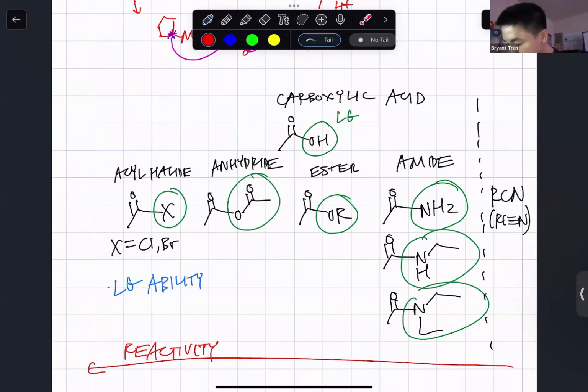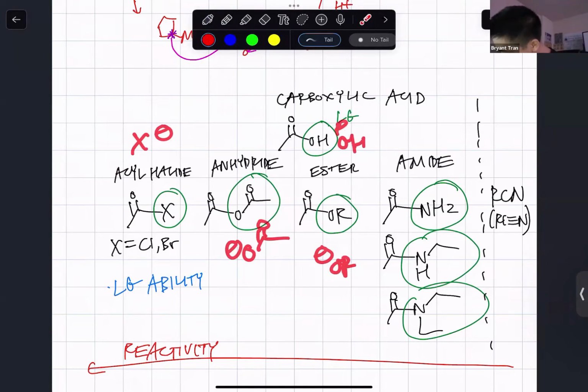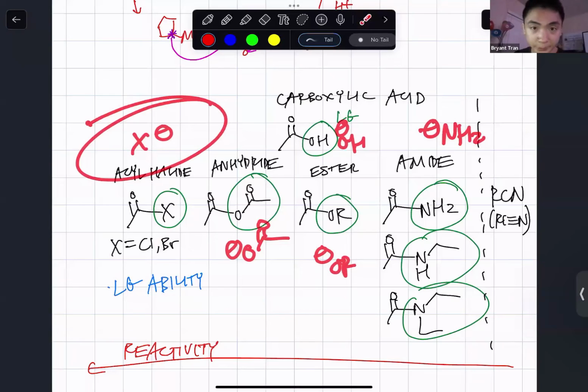If you were to imagine all of these groups leaving with a negative charge, like X minus, this one is carboxylate, this one is OR minus, this one is OH minus, this one is NH2 minus. This X minus here is the best leaving group because it's the most stable with the negative charge. It's the most electronegative atom because it's a halogen, like chlorine or bromine, so it can hold that negative charge the best.